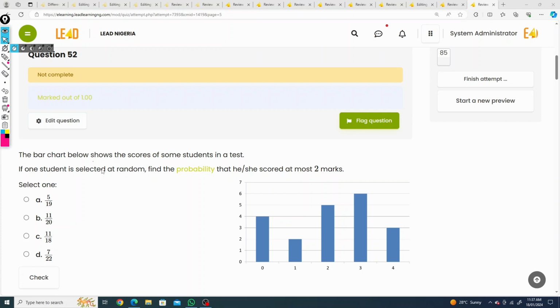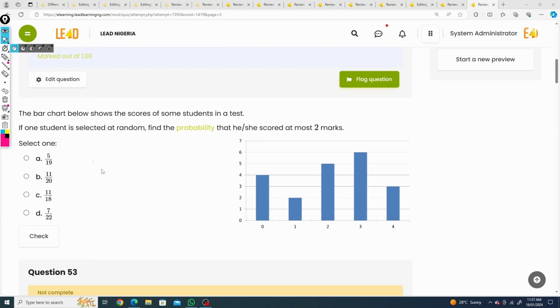Okay, so the bar chart below shows the scores of some students in a test. If one student is selected at random, find the probability that he scored at most 2 marks. All right, so that means we need 2 marks and below. So the first thing we need to know is how many students there are in all. I assume that this is students and this is scores.